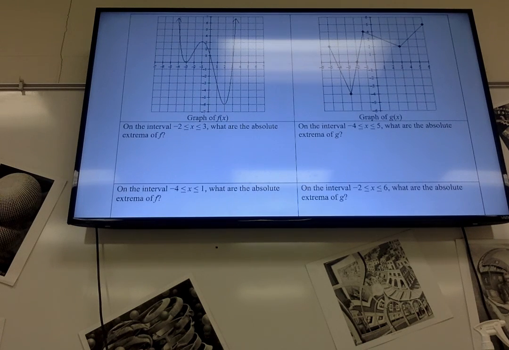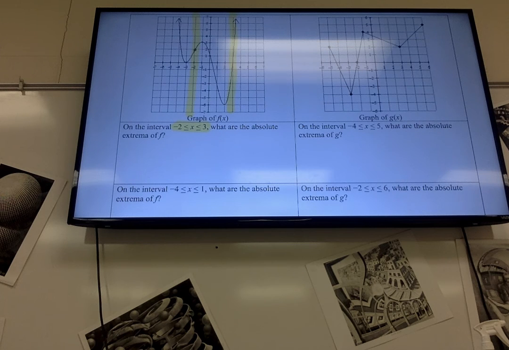Okay, now we're going to be looking at the same two pictures, f of x and g of x, but we're going to be looking at absolute extrema, but only on a particular interval. So we're going to look from -2 to 3. So from here to here. So only in between those two parts.